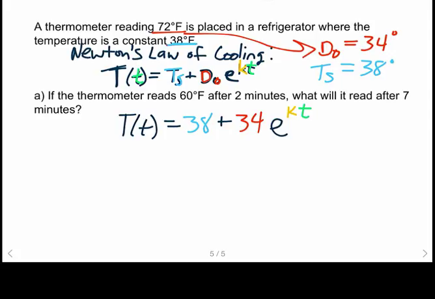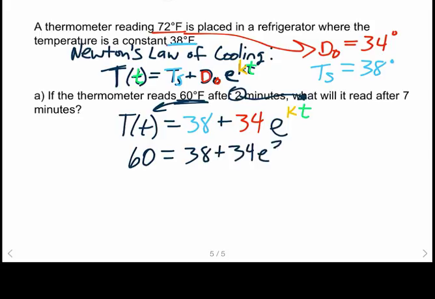Here we're told at first that the thermometer reads 60 degrees Fahrenheit after 2 minutes. That 60 degrees Fahrenheit is the temperature after some time, and that 2 minutes is the t. So we get an equation that looks like 60 is equal to 38 plus 34e to the 2k. That's just putting in the information that I have.